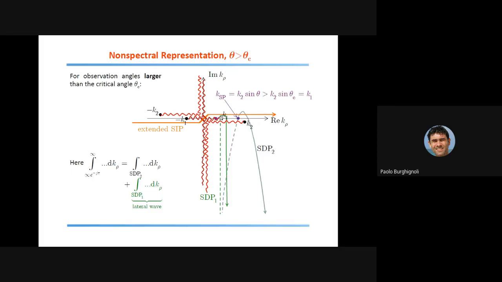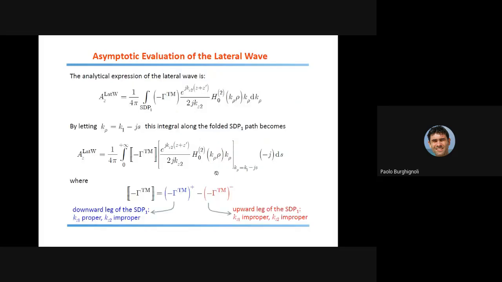As you can see, there is an upper part, which is here indicated with a solid green line, which runs in the top Riemann sheet. That is the Riemann sheet where all wave numbers have a negative imaginary part. And instead, there is a lower part of the steepest descent path, the one represented with a dashed green line, that instead crosses the branch cuts. Okay, so both wave numbers are improper in the upward leg.